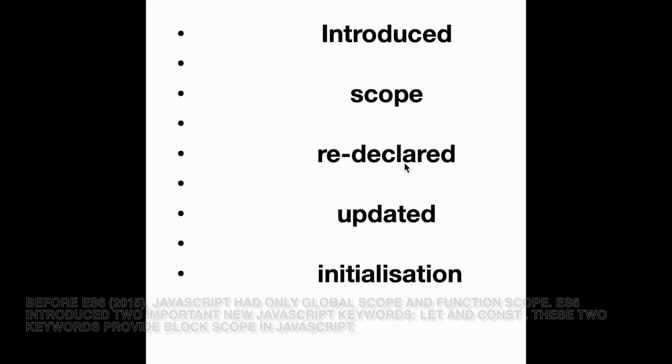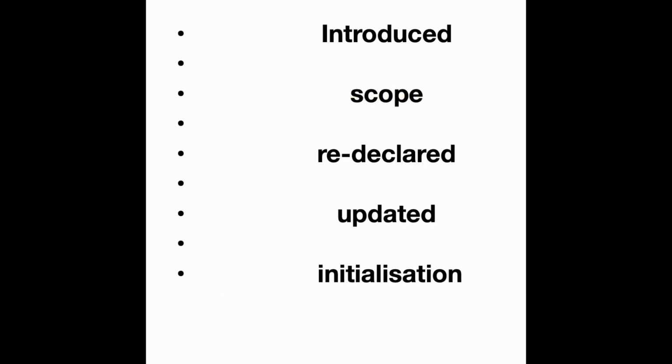So coming to scope, the var keyword, scope of it is functional scope, and the scope of let keyword is block scope, and the scope of a variable which is declared with const keyword is block scope as well.